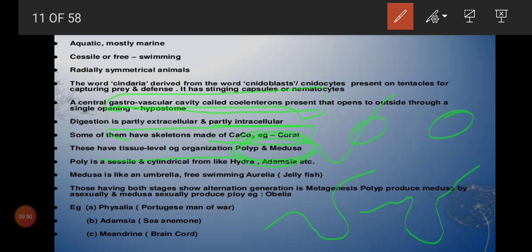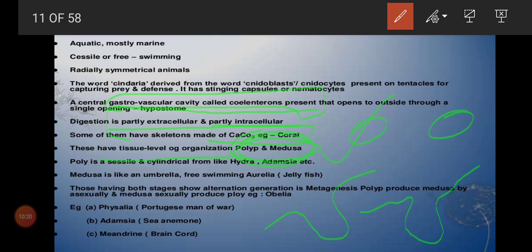Like that we can see alternation of generation in only one species, Obelia. The details are given in your textbook. So we can see two basic body designs in Coelenterata, polyp and medusa. Polyp is sessile and a cylindrical structure. The medusa has no stalk for attachment, so automatically it will be free swimming.